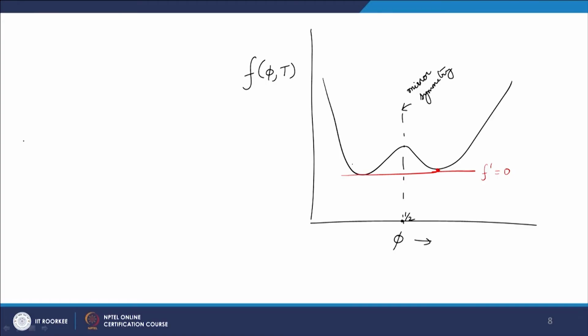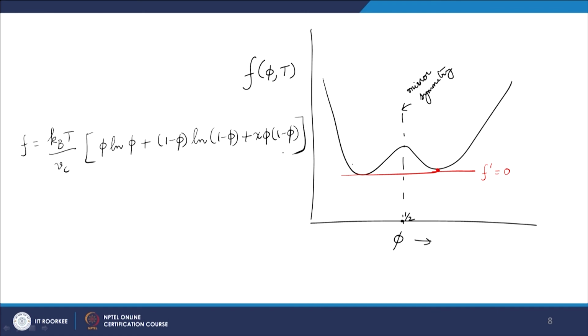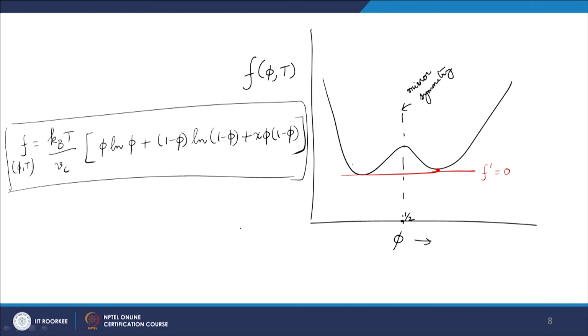So, now just to conclude, we have been able to find this expression for the Helmholtz free energy density, that is a function of phi and T, and which is a symmetric expression, and using that now I can go on and find the binodal, spinodal and critical point and so on.